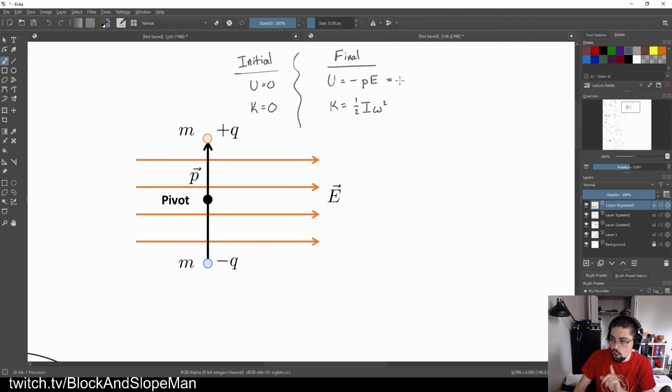The potential energy, I remember P, that's just the dipole moment, so that should be Q times S, and then times E from before. And both of those are values that I actually have, right? S is my 10 centimeters, Q is my 2 nanocoulombs, and I'm all set with that. Omega is the thing that I'm after. So I just need to figure out what I is, and I should be ready to solve this problem.